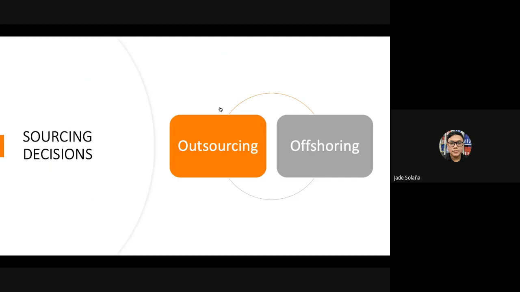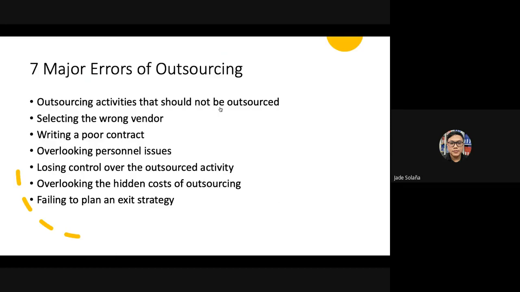Another survey of software projects by MIT found that the median Indian project had 10% more software bugs than comparable US projects. A study of 91 outsourcing efforts conducted by European and North American firms found 7 major errors that should be avoided. Number one, outsourcing activities that should not be outsourced.